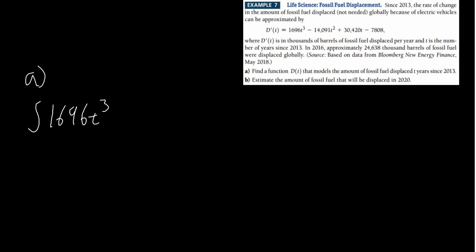So minus, put dt to be consistent, minus the integral of 14,091 t squared dt. We're going to run out of room.